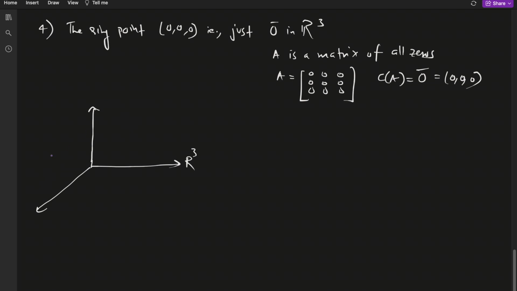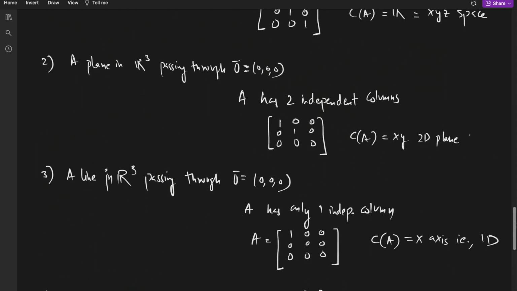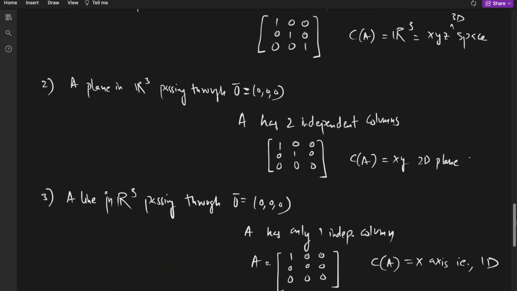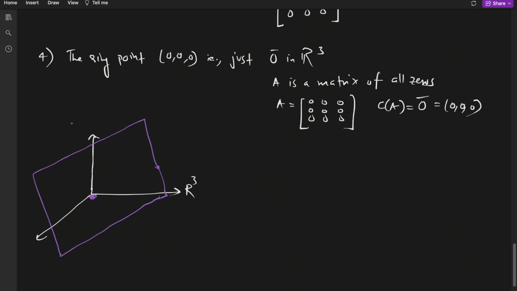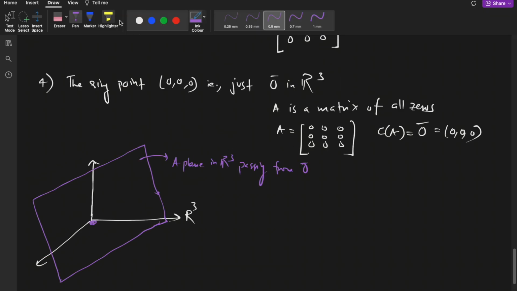Another one is a plane passing through origin. Okay, this is a plane in R cube passing through the zero vector, that is origin. This is one case, and this is the second case.